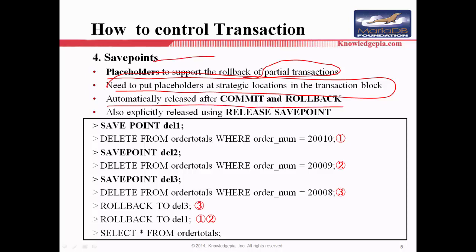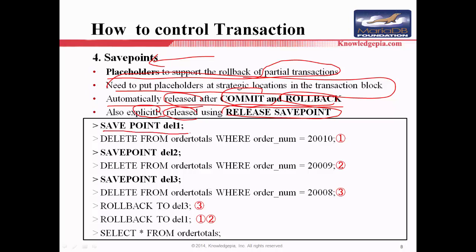So even if you use a savepoint, you normally have to use commit or rollback to release it. But if we use the command RELEASE SAVEPOINT, then this will also release the savepoint explicitly.